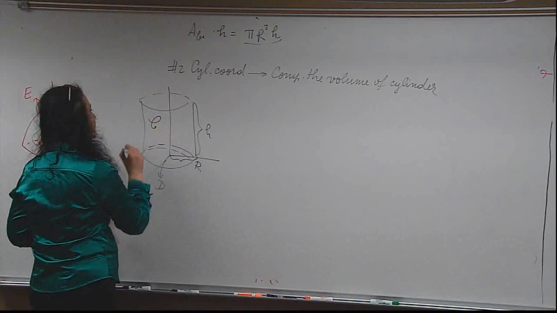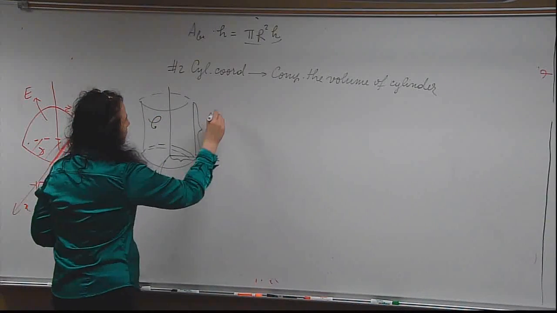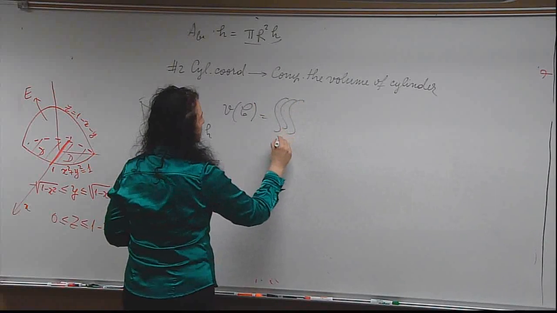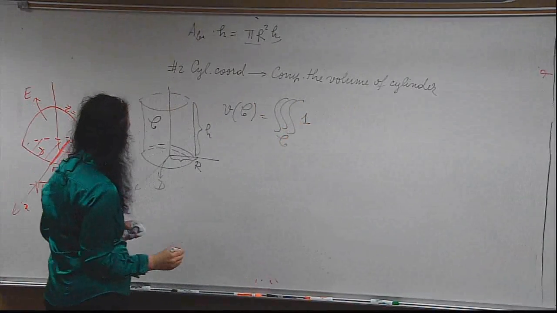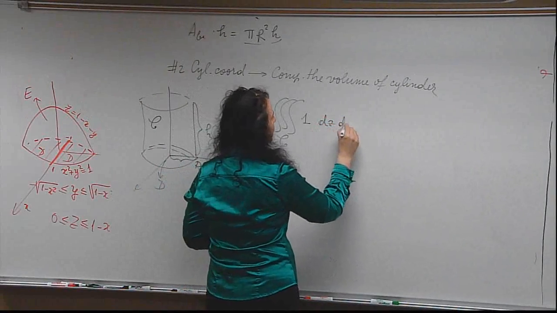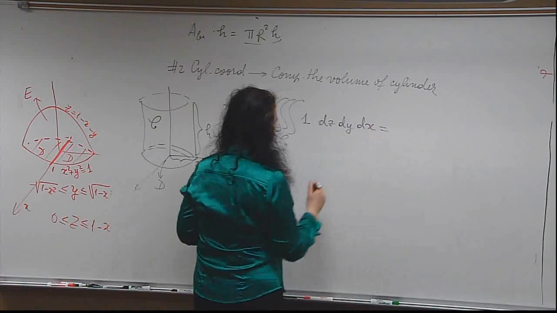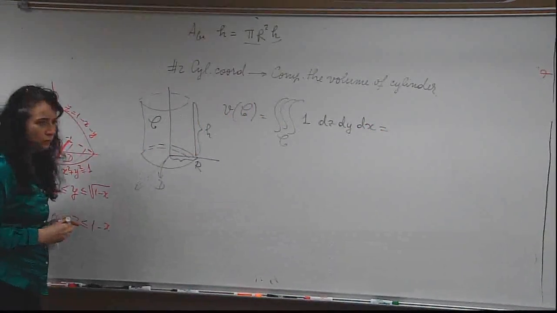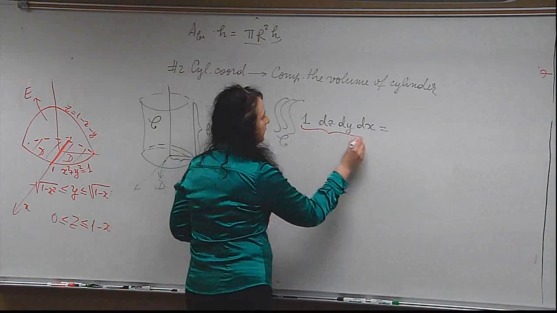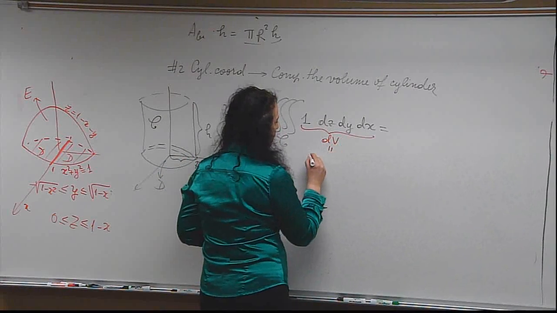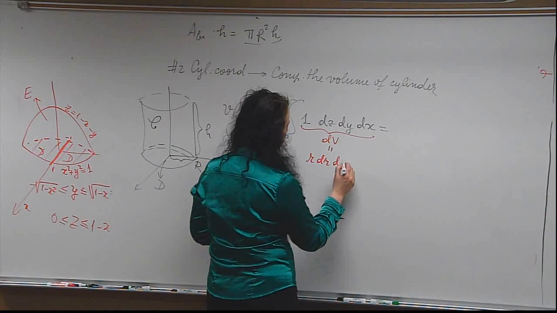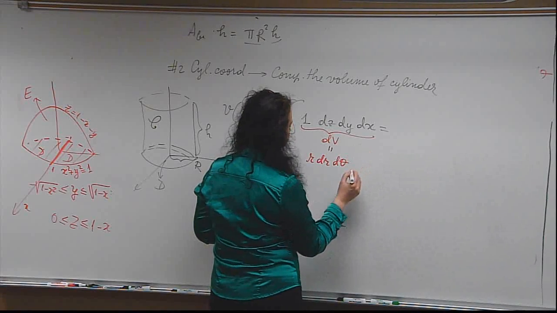Well, let's say the body inside is called C. I have the triple integral over C of 1 dz dy dx. Of course, we won't do this in cylindrical coordinates, so this dV becomes r dr d theta dz.